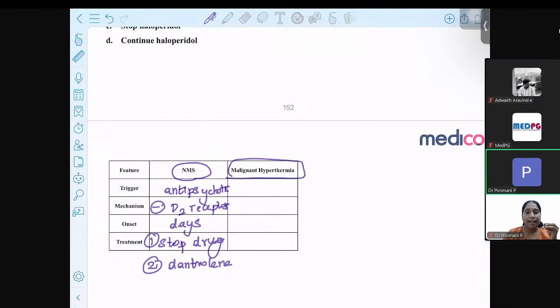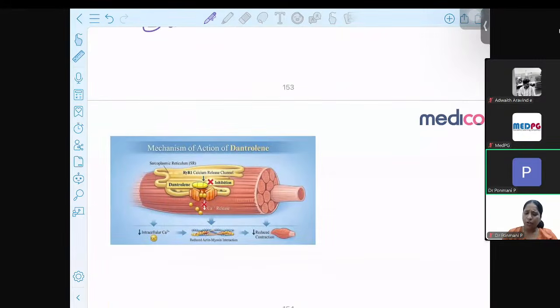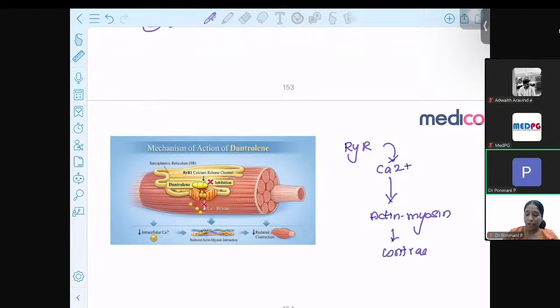What is malignant hyperthermia? Calcium is released from the ryanodine receptors, the ryanodine calcium release channel. The calcium is released, and this calcium acts with the actin and the myosin, and this produces contraction of a muscle. In some individuals, this ryanodine receptor will be mutated.